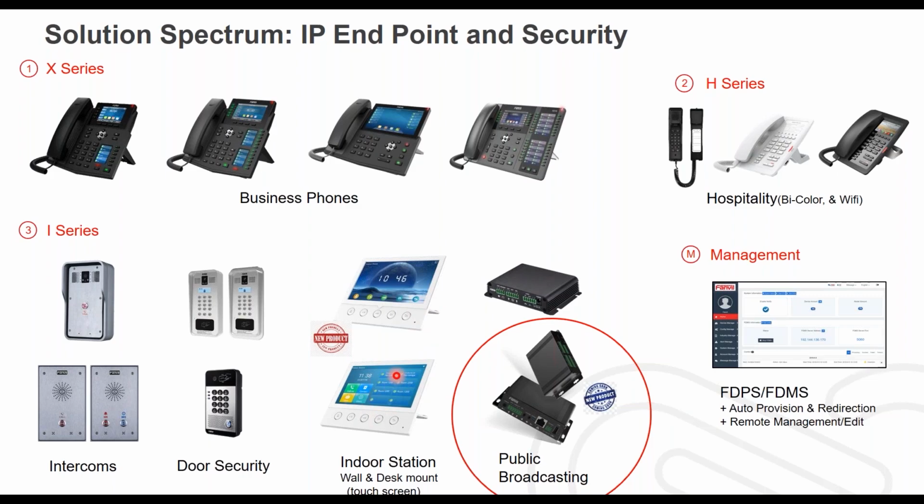But the focus of this presentation is really what we call the public broadcasting solution. On top here, you'll notice the PA2, which we call the Swiss Army knife of public announcements. That's probably the largest peripheral that hangs off many of the legacy phone systems. When you do an upgrade, what do you do with that existing PA speaker that used to be run by the old phone system?